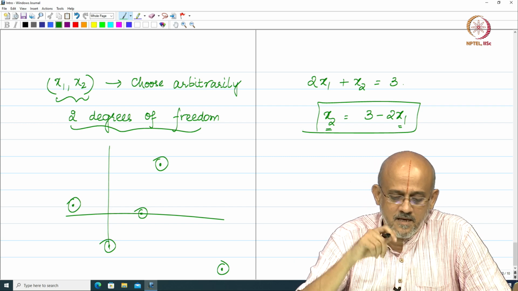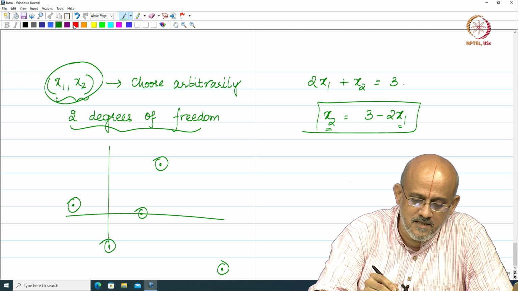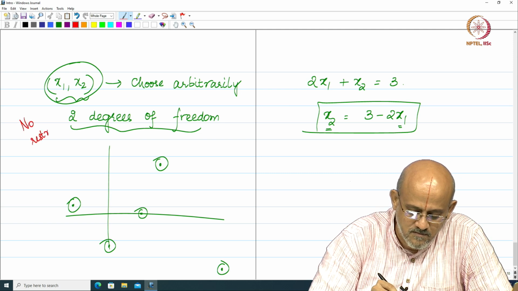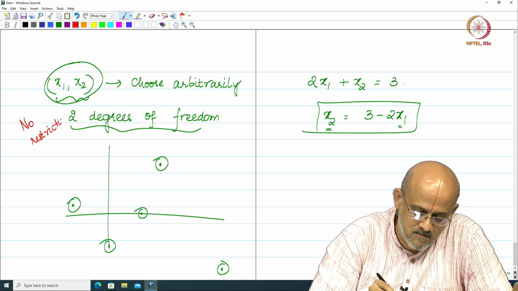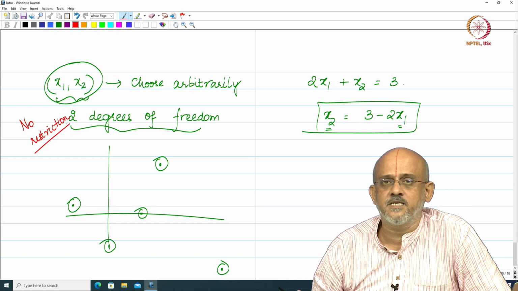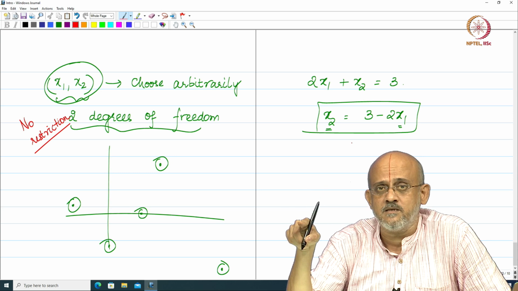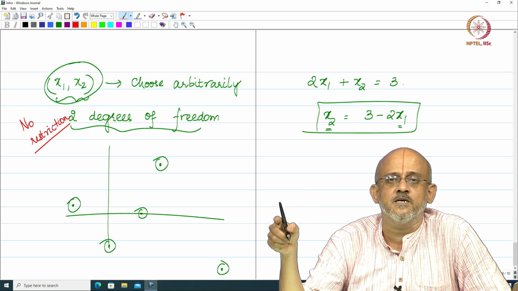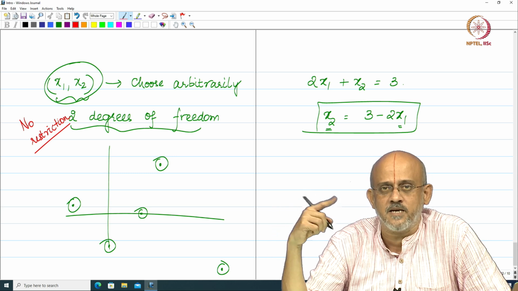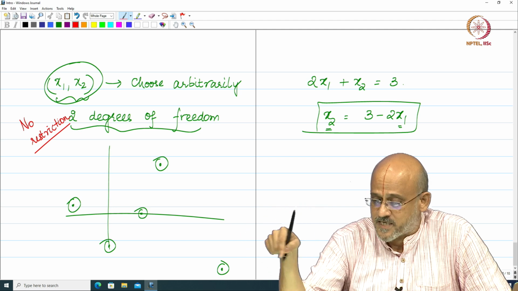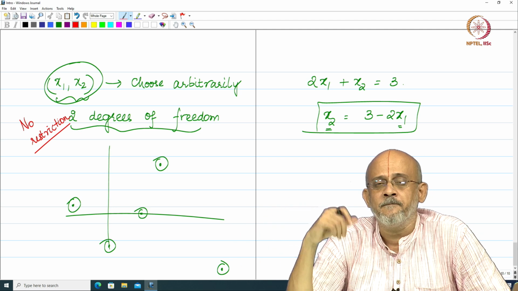Is that right? Here there was no restriction at all. Here I can only choose x1 or x2 arbitrarily, because the moment I choose one, the other value gets fixed, because there is a relation between these two.